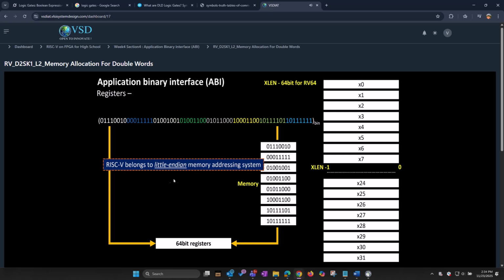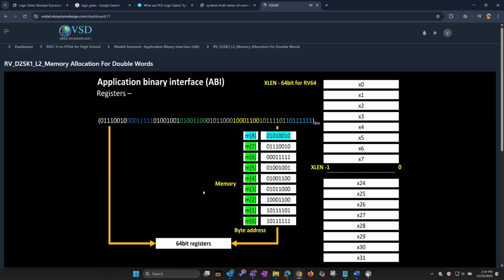There is another memory addressing system called the Big Endian Memory Addressing System. In that case, the most significant byte comes and sits over here, this one sits over here, and accordingly this one sits over here. That's the reverse of Little Endian, which is nothing but the Big Endian Memory Addressing System. In this case, we're looking into the Little Endian Memory Addressing System because that's what the RISC-V architecture is about. This is a part of the RISC-V ISA specification. So RISC-V belongs to the Little Endian Memory Addressing System.